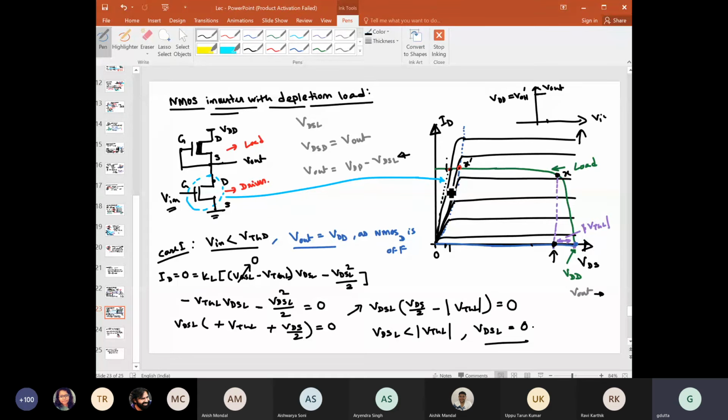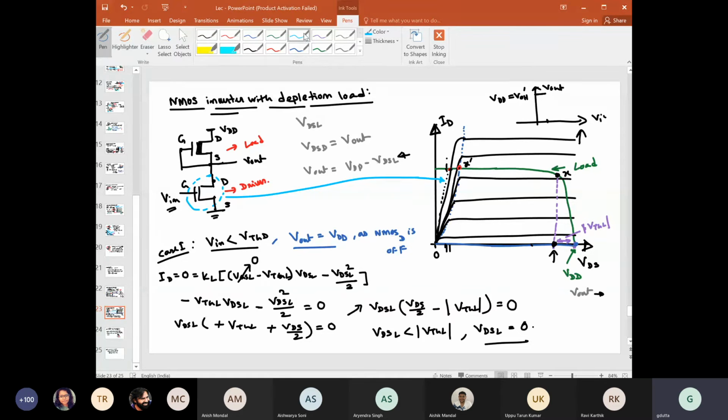Once the driver comes in the triode region, the change in output is almost negligible. And when you have applied V in equal to VDD, then also you will not be able to reach the output at 0 volt, right? Because to have the output equal to 0 volt, this characteristic is fixed. So even if you go to V in equal to VDD, let me draw it.